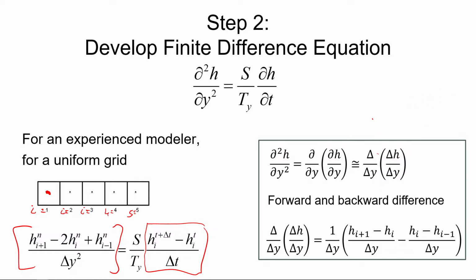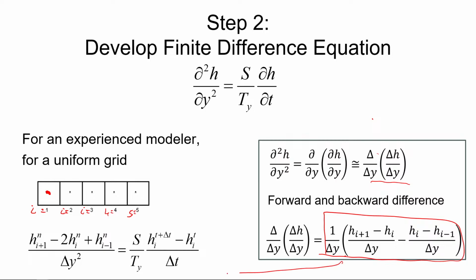See how from here I was able to express it like this, and how I was able to simplify it like this. Except I forgot to put the n here. So you have an n here, an n here, and an n here.